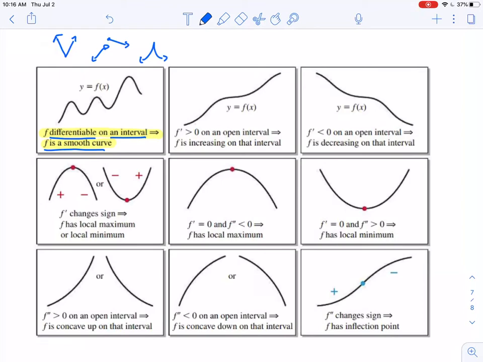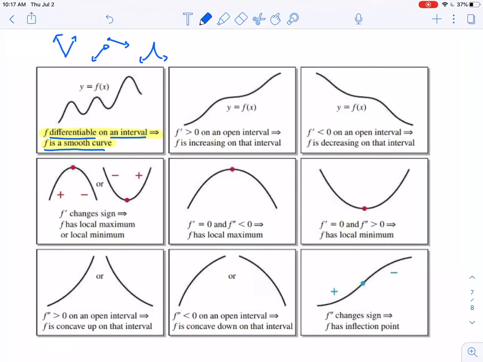And the majority of the functions that we work with will be differentiable because we spent so much time trying to learn how to take the derivative. Well, the derivative better exist so that we can actually use it. We like to work with differentiable functions. We like to work with smooth curves. They generally make doing cool calculus stuff a whole lot easier.